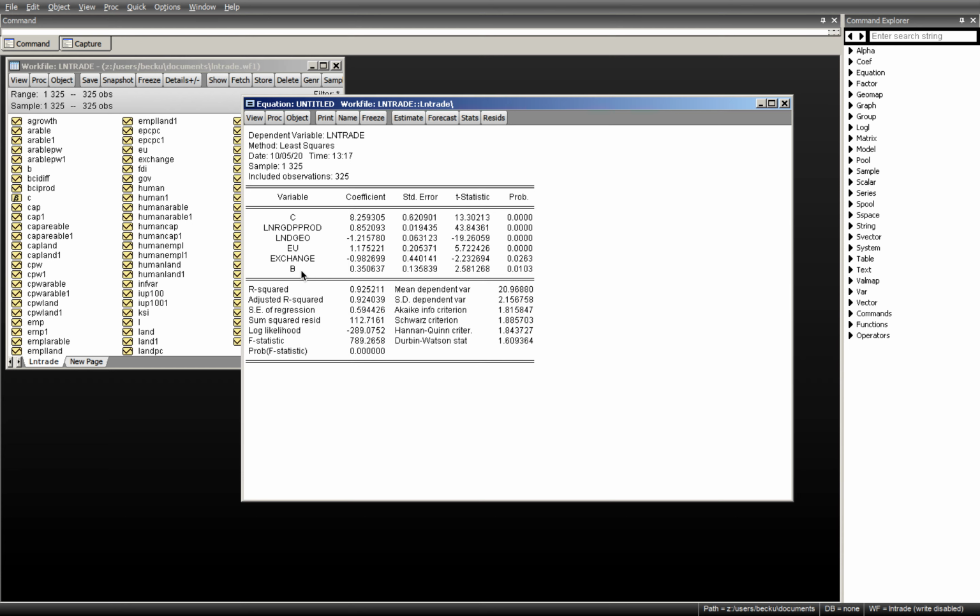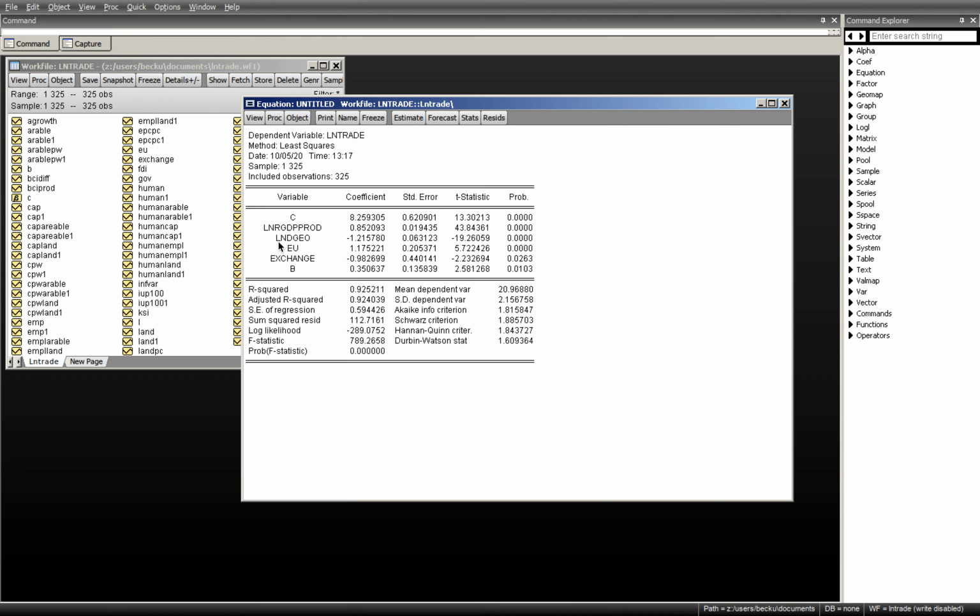And look, one important thing to mention here is the importance of these variables. Having real GDP product and geographical distance accounted for, let's round it up, 0.9 R squared.